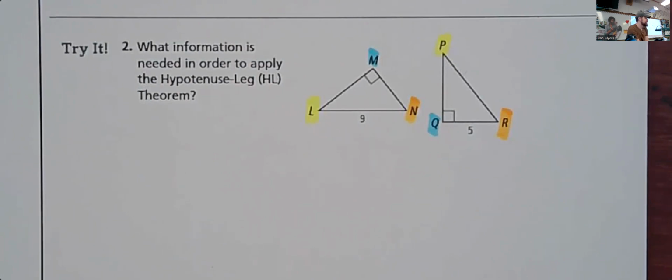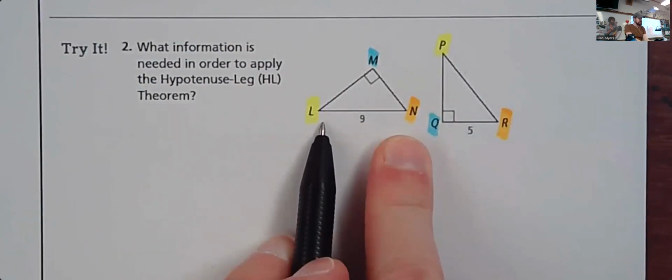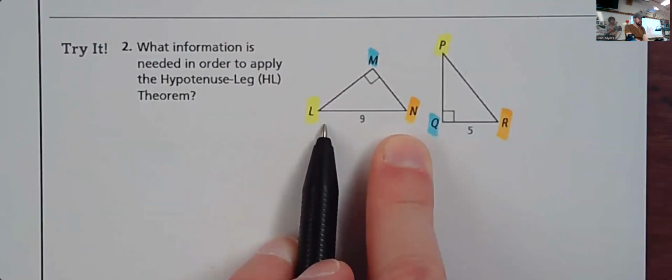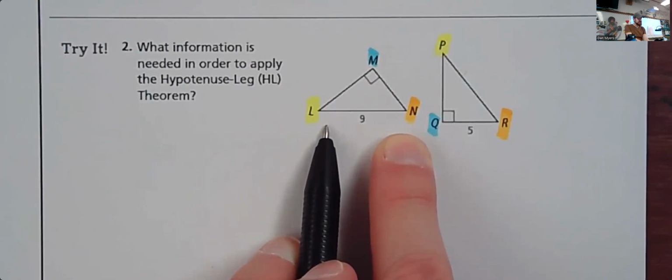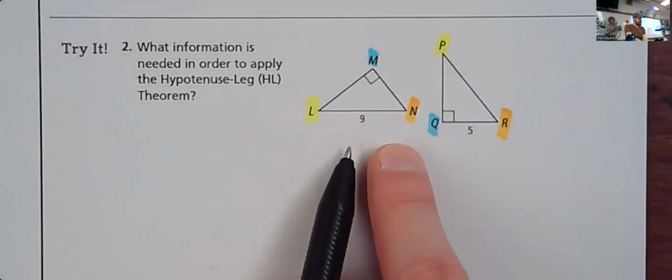We already have a right angle, right? So the right triangle portion of this is good to go. So what part of the triangle is LN here? Is that a leg or is that the hypotenuse? That's the hypotenuse. So PR would need to be 9, right?